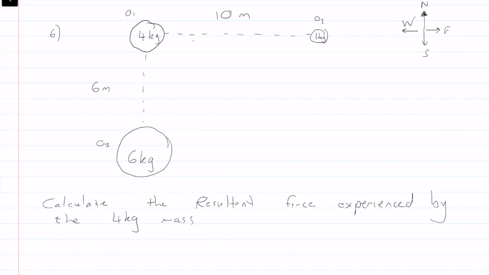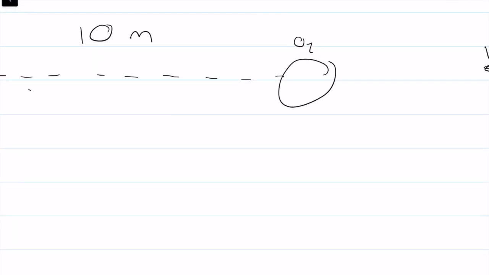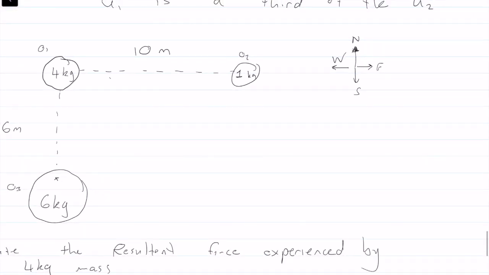First of all, I'm trying to understand what direction all of these forces are going to be acting in. Basically, this question is saying that the 6 kilogram mass is fixed, and this 1 kilogram mass is fixed as well, whereas the 4 kilogram mass is able to move.